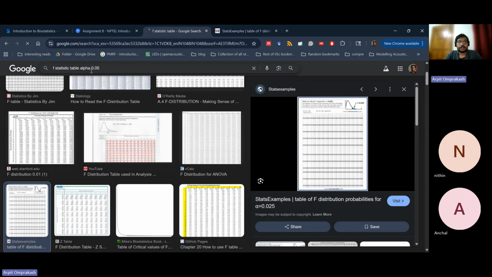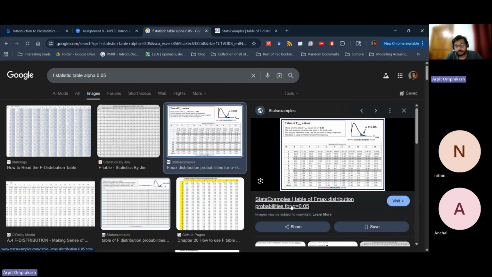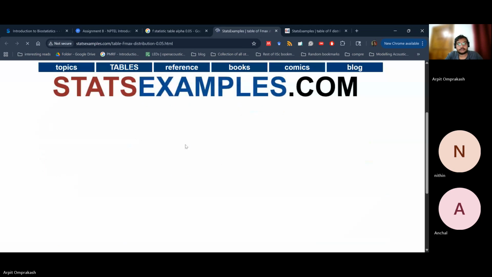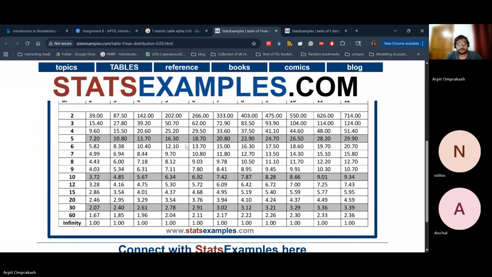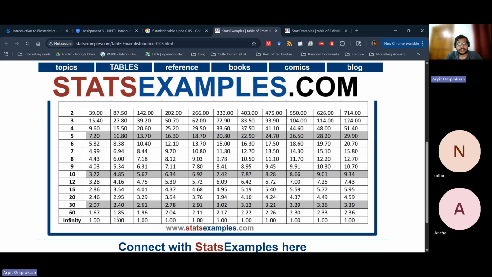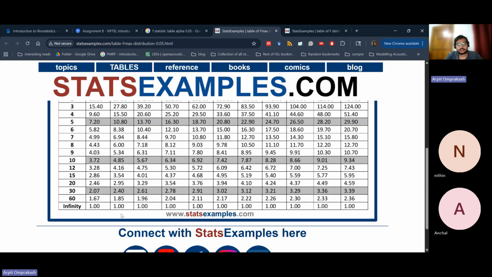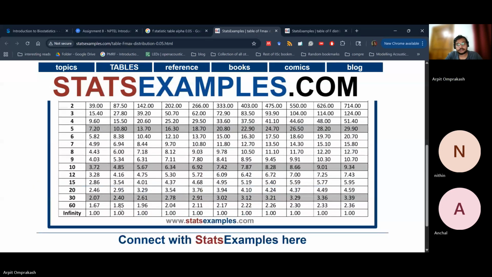So we'll just look for alpha 0.01, 0.05. So the number of treatments here is 3, and the other one is 75. We have around 60 here. So anyway, the value for 60 is 1.85.